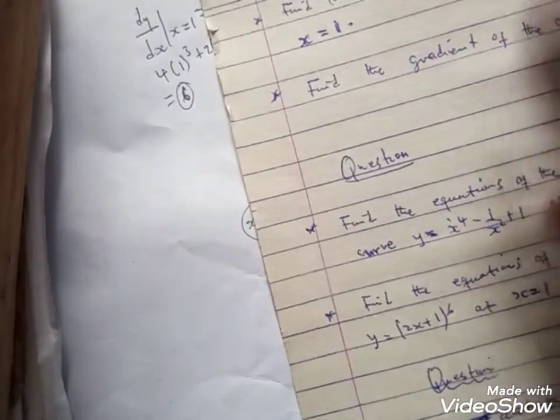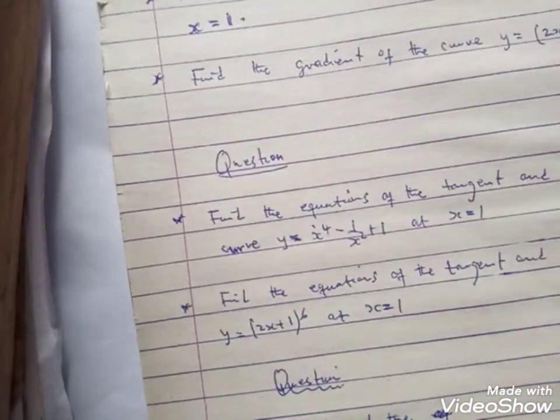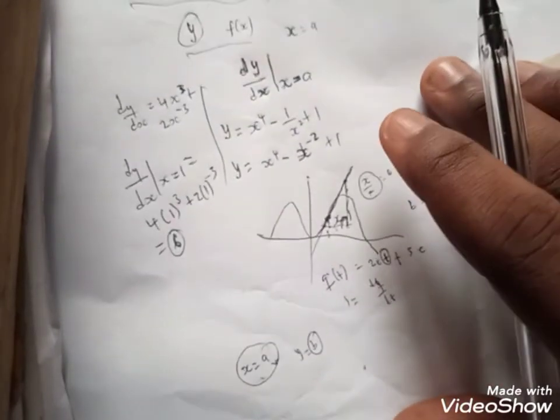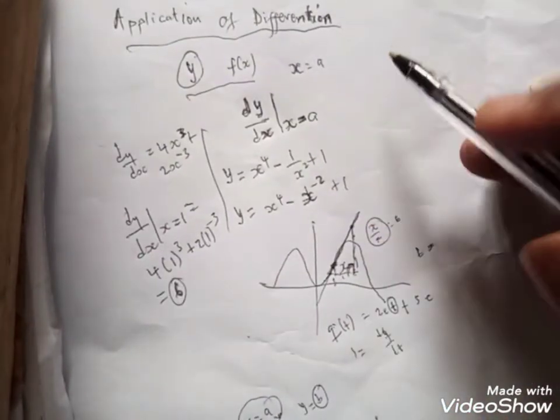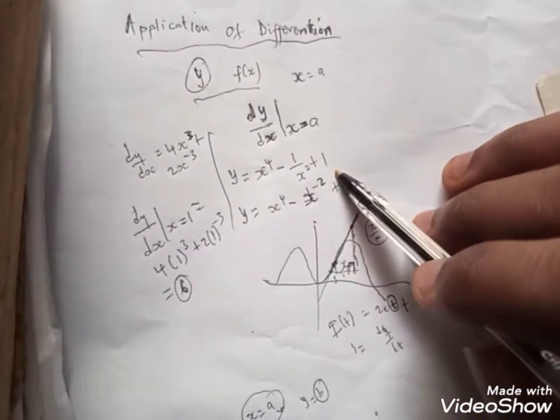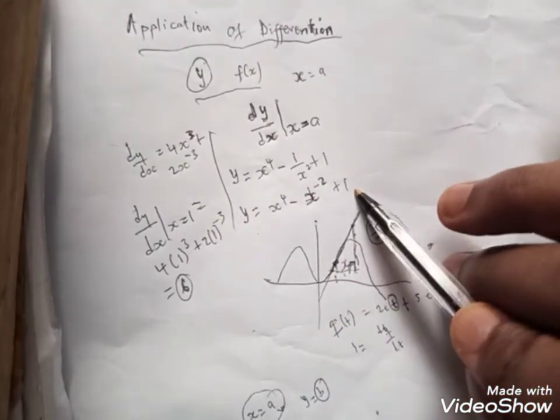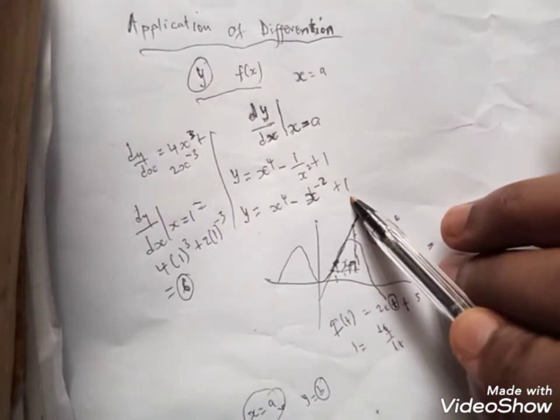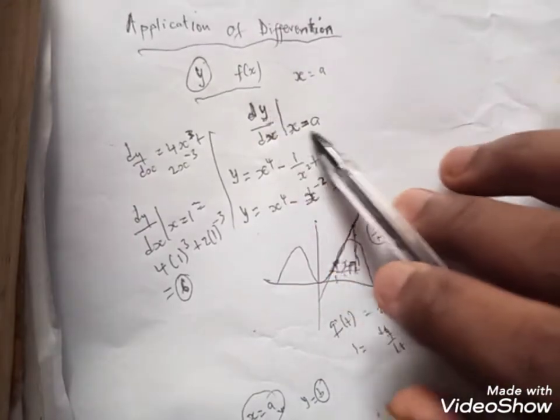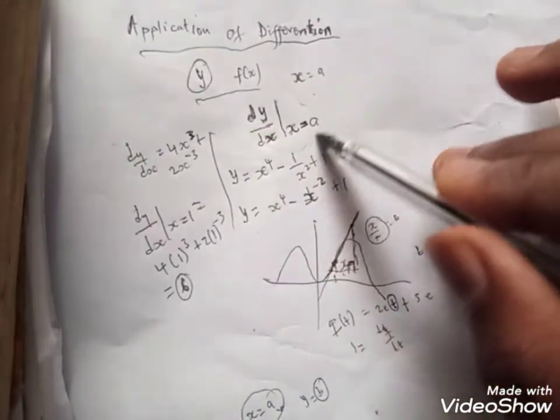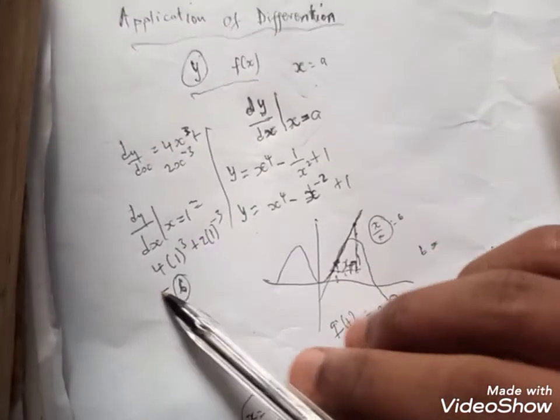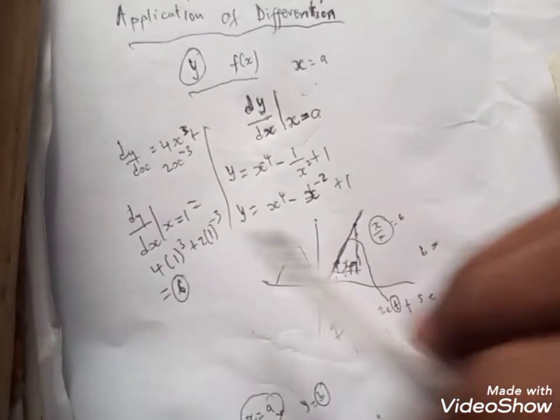Of course, this is the same equation as the first one, so we'll not waste time and we'll go back to the first one. Given an equation like this, you rewrite it this way, then differentiate it with the notation I gave earlier. Then you plug in your 1, you will get 6.